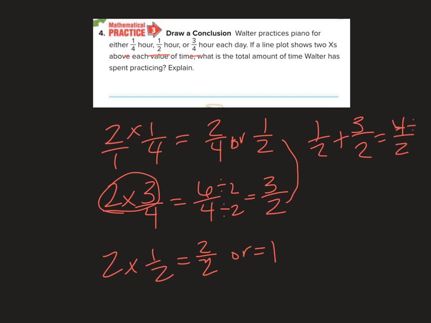So let's reduce it. Divide by 2, and I would get a numerator of 2 and a denominator of 1, or 2. So when I add these two together, I get 2, and then I have to add the 1 to it to get 3. So the total amount of time is 3 hours spent.